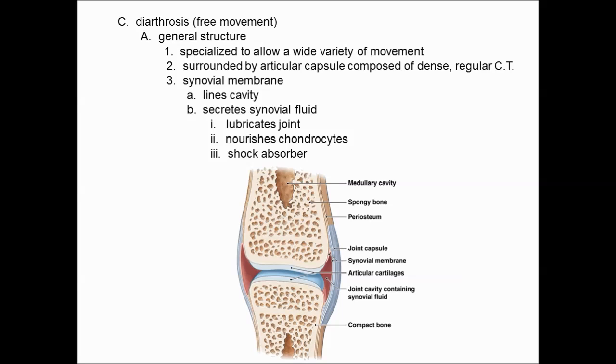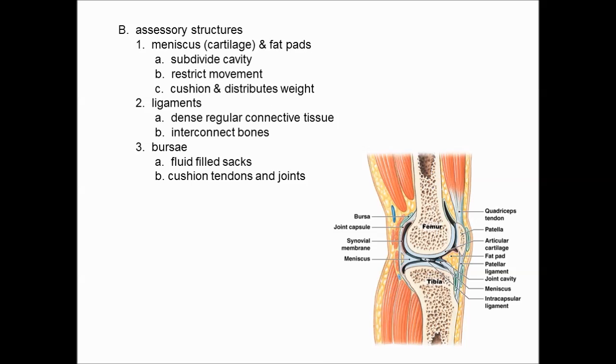Along with some other ancillary structures, it helps cushion the joint, so if you jump up and down on a trampoline, you don't crash the two bones together. And we have other structures that do the same thing. One of the strongest is a meniscus, and here's a figure of a meniscus and another one over here, and they subdivide the cavity.